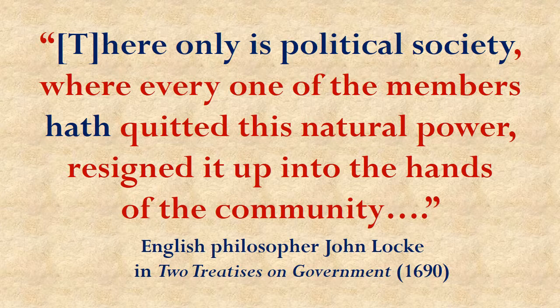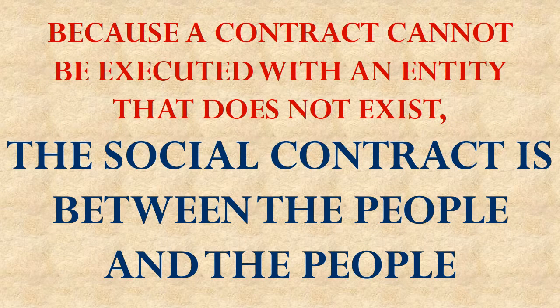Now, I have highlighted in blue the word hath because it's past tense. We're talking about that civil society can only exist where sometime prior to that, the members gave up their natural power. Now, this will help us to understand something, and that is that you can't enter into an agreement with something that doesn't exist yet.